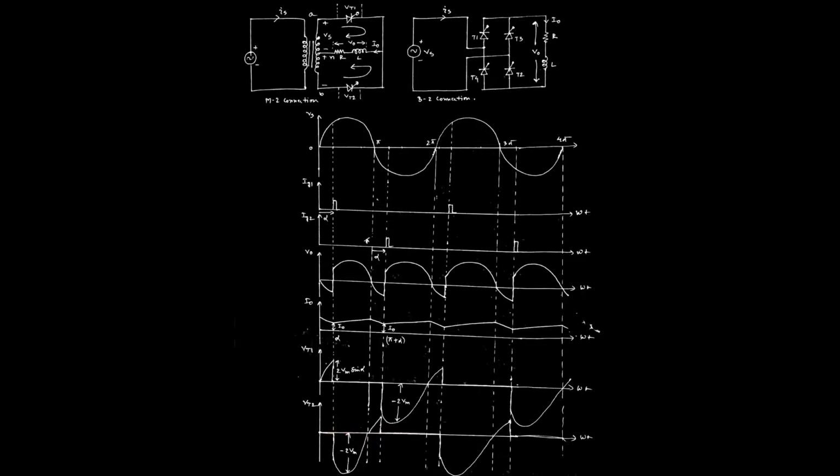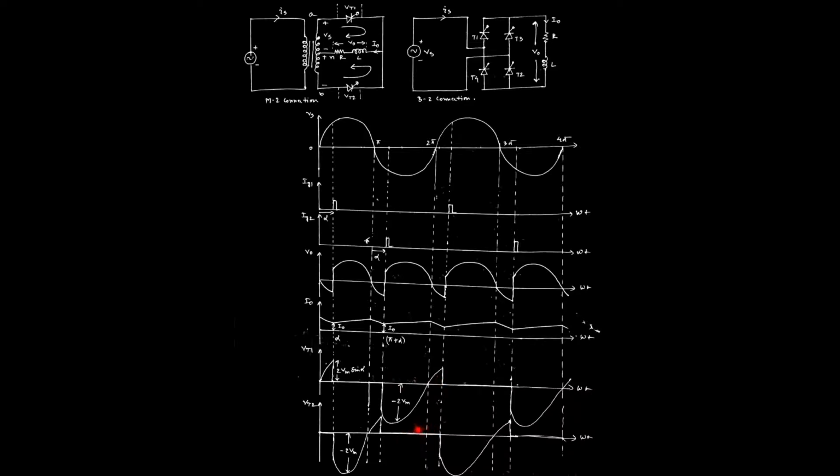So from alpha to pi plus alpha, there is no voltage across T1, and the total peak inverse voltage appears across T2. Similarly, from alpha plus pi to 2 pi plus alpha, as T1 stops conducting, the total peak inverse voltage appears across T1.